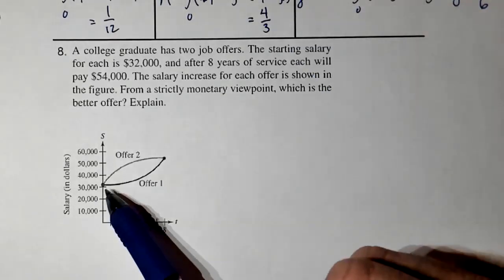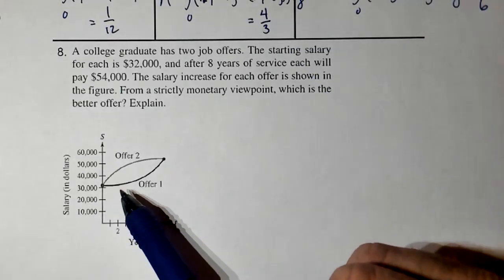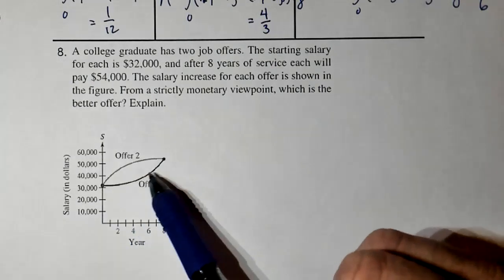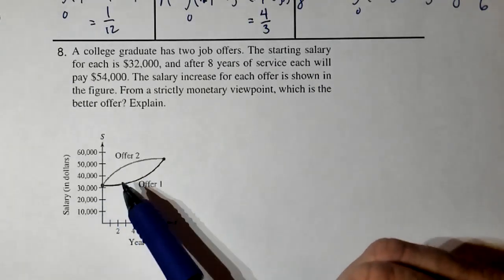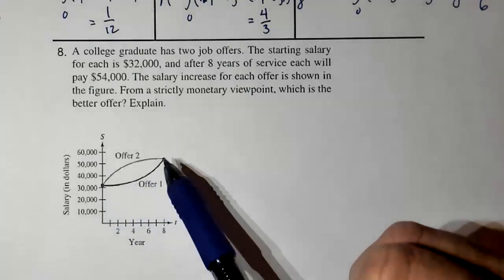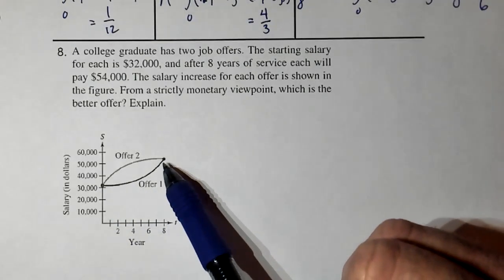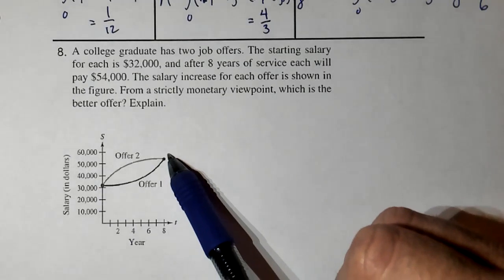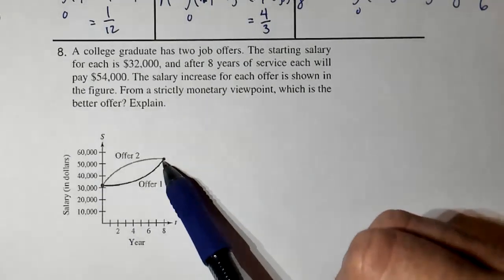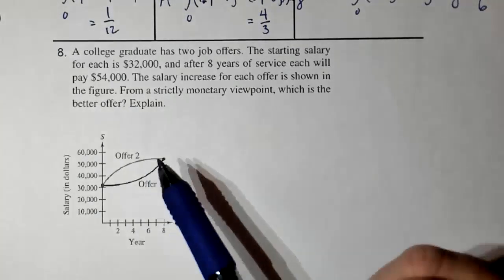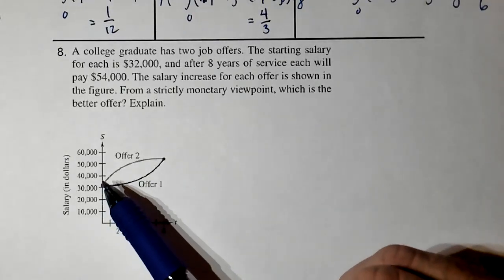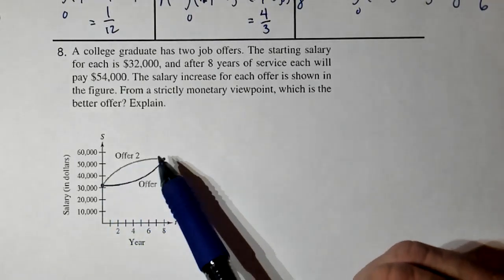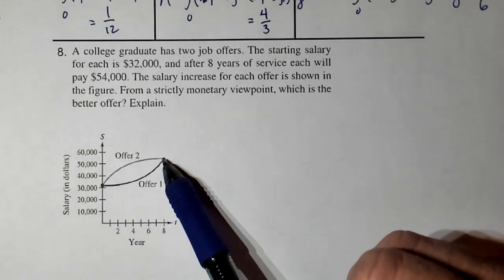Well, I think we can all agree that offer 2 here is going to be the better offer, even though future wise we might be trending up, so it looks like we're able to continue this pattern. But we're only looking at it from the first 8 years of service, where with offer 2 you're kind of panning out and you've met your peak of what you're going to be making here.